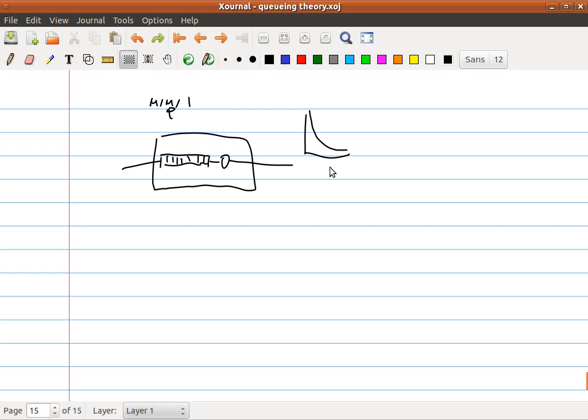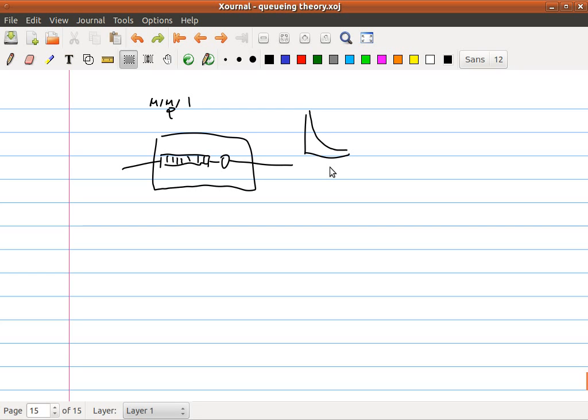And let's think of when this kind of modeling assumption will hold. For example, think of a network used to transfer packets from one end to another end.